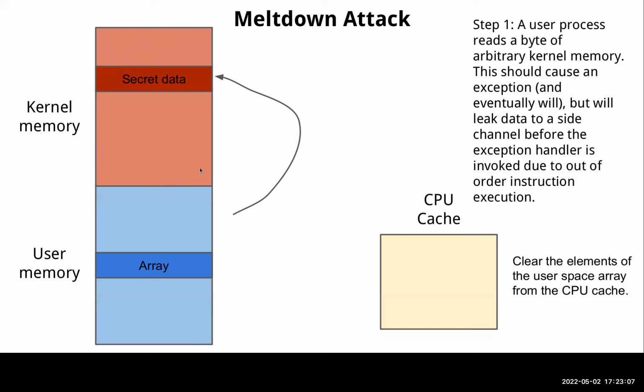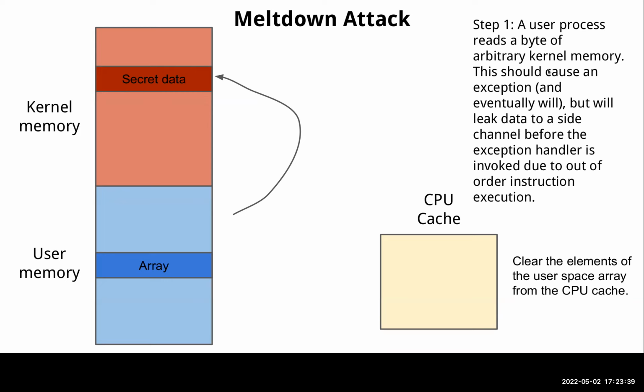In your program's address space, the kernel is mapped, but you cannot access it. When you access it, the MMU will say you don't have permission, and it will kill your process. Let's say there is some secret data in the kernel, and we want to steal that secret data, which the MMU does not allow you to do.